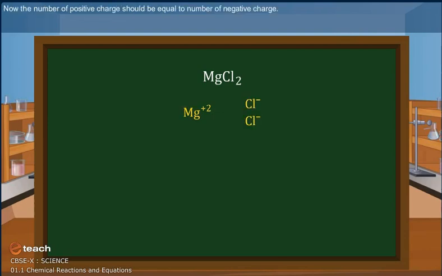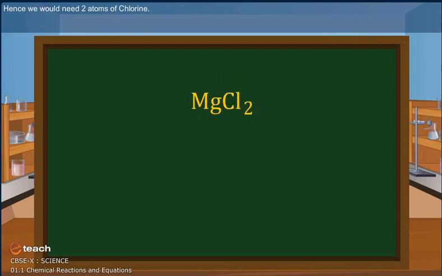Now, the number of positive charges should be equal to the number of negative charges. Hence, if magnesium is plus 2, then we also need 2 negative charges. Hence, we would need 2 atoms of chlorine. So the formula becomes MgCl2.